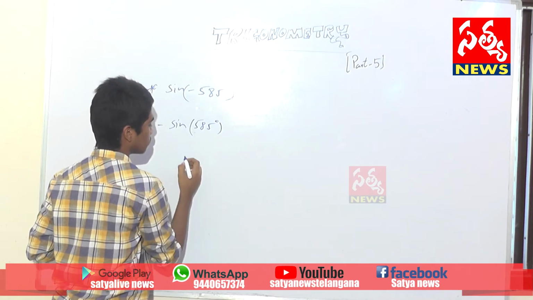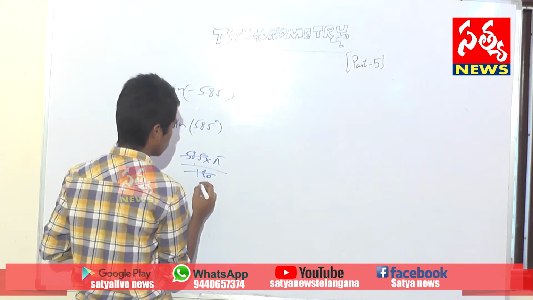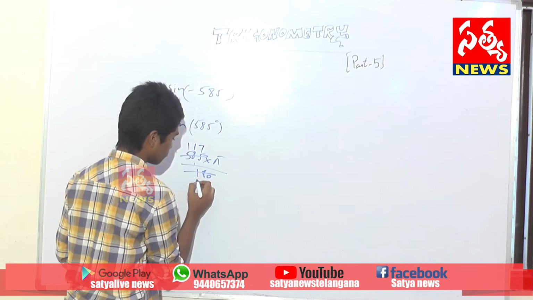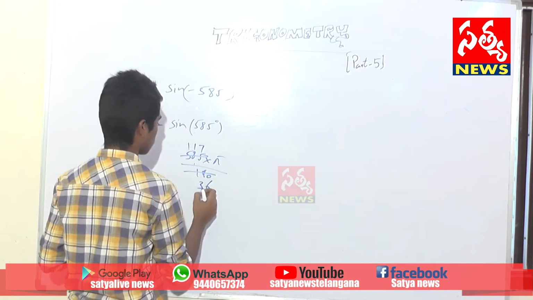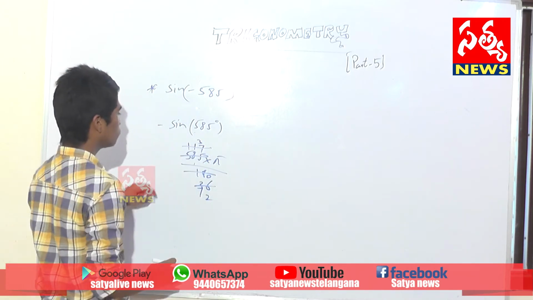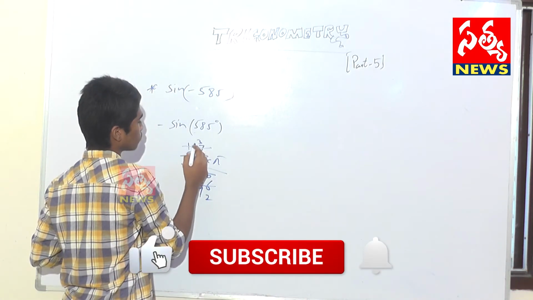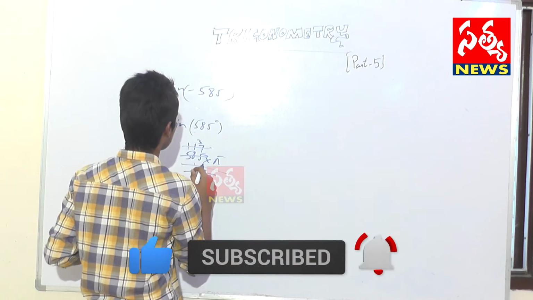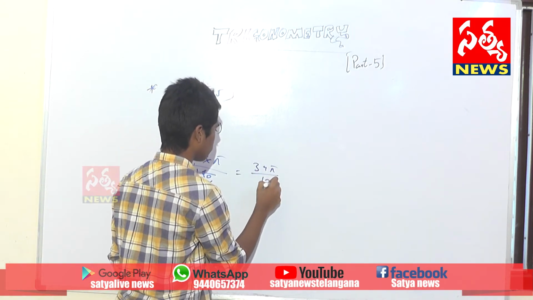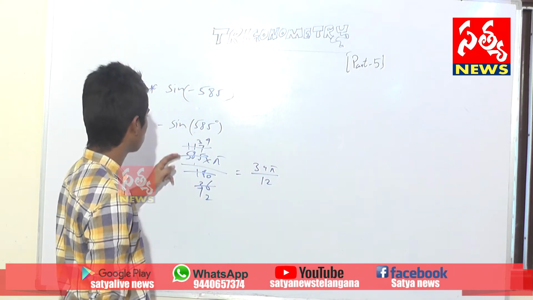Now 585 is in degrees, so we have to convert into radians first, into pi by 180. So it goes in 3 table. 3 3s are 9. 3 9s are 27. 39 pi by 12. See, is it correct or not?